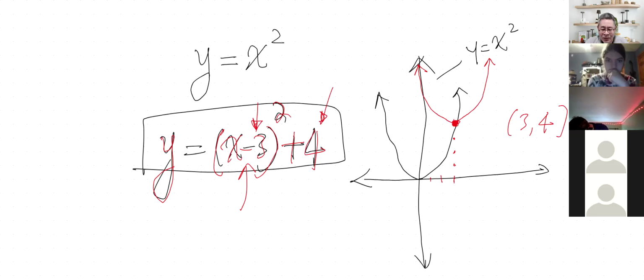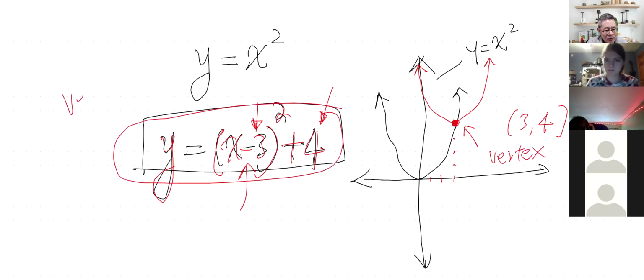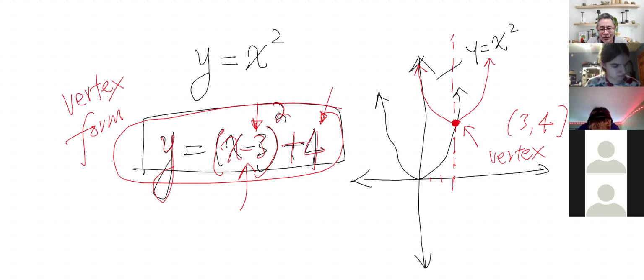Okay, so this is our vertex. And this form here is called the vertex form. The reason is that, based on the form, we know where the vertex is. And not only do we know the vertex, we also know the axis of symmetry, because the axis of symmetry has to go through the vertex. It's a vertical line. So we write this line as x equal to 3.